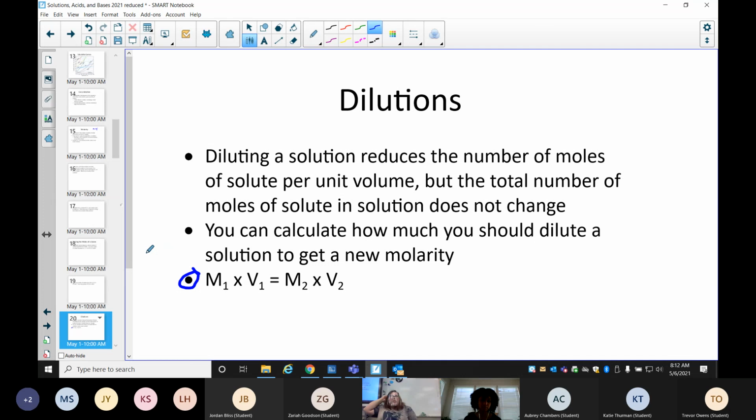So it's M1 V1 equals M2 V2. That's pretty much everything that's going to be covered on the quiz. I just wanted to do a quick recap. The stuff that we did today is not going to be on there. That will come whenever we do our test next week.